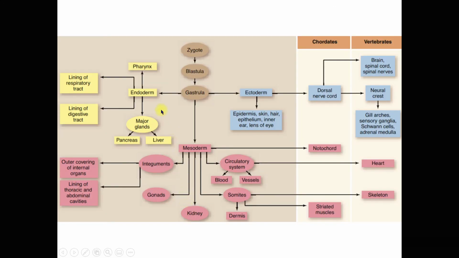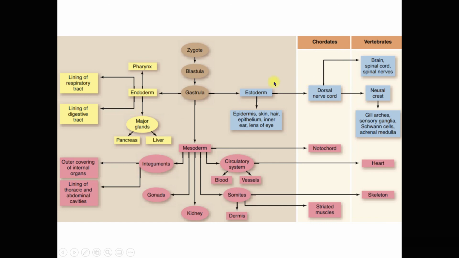This chart here shows you that from the zygote we have the blastula, and then the gastrula. From the gastrula we have the three germ layers: endoderm, mesoderm, and ectoderm. From the ectoderm we have this structure, from the mesoderm we have this structure, and from the endoderm we have this structure or outcome.